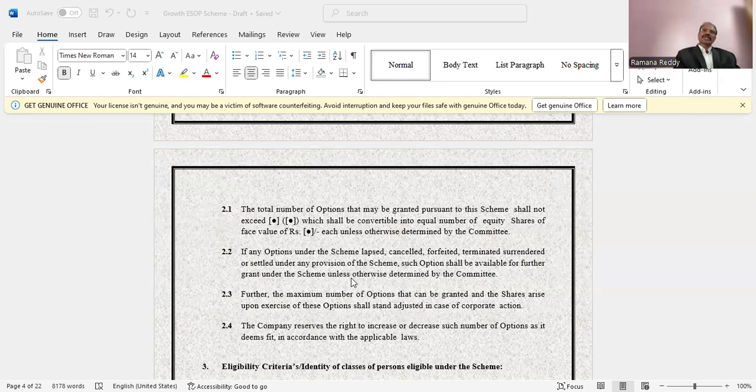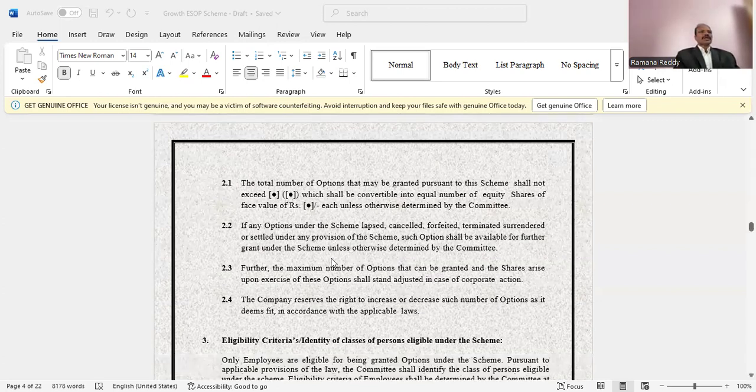So we have to clearly finalize the number of pools. And if any options under the scheme lapse or are cancelled or forfeited or terminated or surrendered or settled under any provisions of the scheme, such options shall be available for further grant under the scheme unless otherwise determined by the company. Hope you are clear.